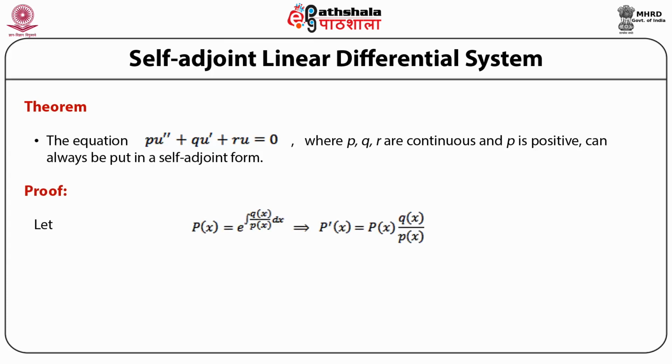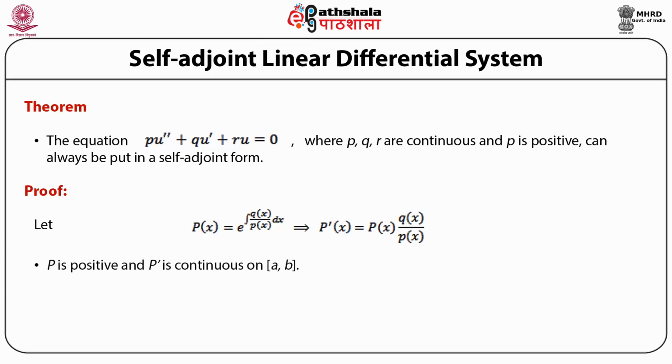Let capital P of x be equal to e raised to the power integral of small q of x by small p of x dx. This implies the first derivative of the function capital P of x is equal to capital P of x multiplied by small q of x divided by small p of x.